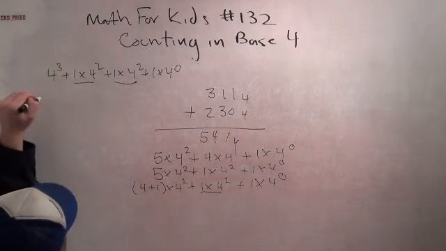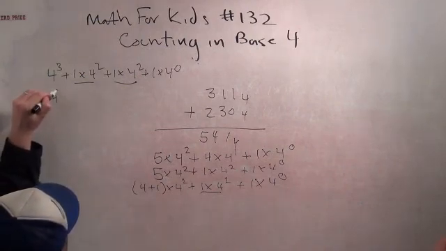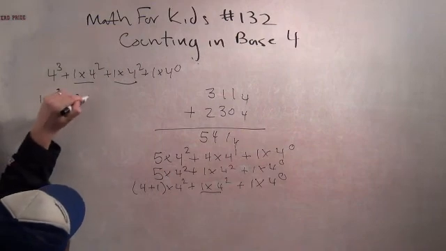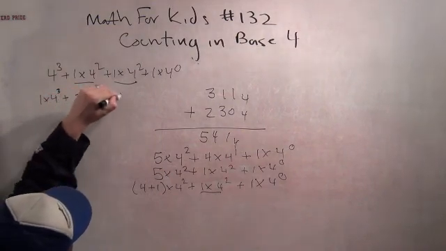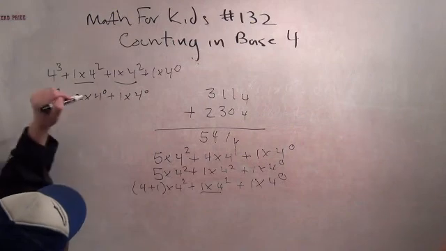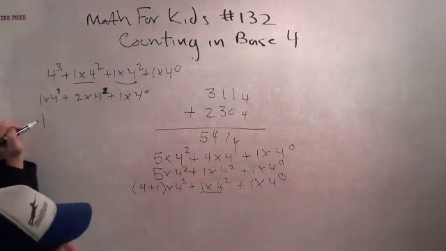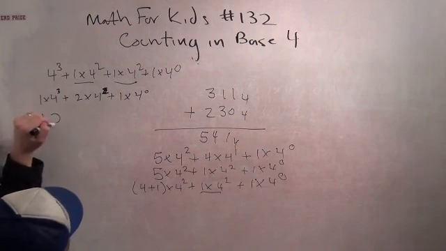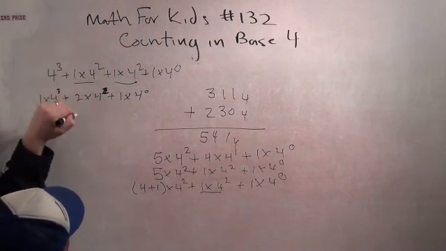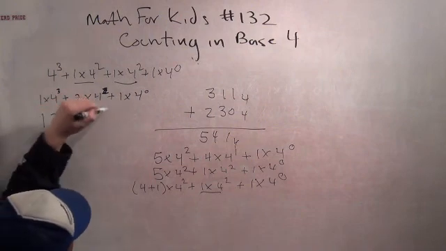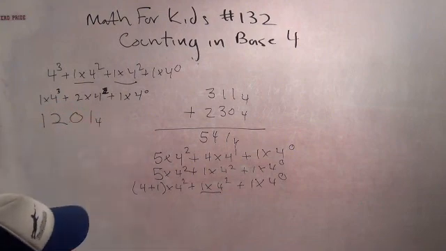Simplifying that, it's 2 times 4 squared, plus 1 times 4 to the 0. Okay, so my number becomes 1 times 4 cubed, 2 times 4 squared, no 4 to the 1s, and 1 times 4 to the 0.